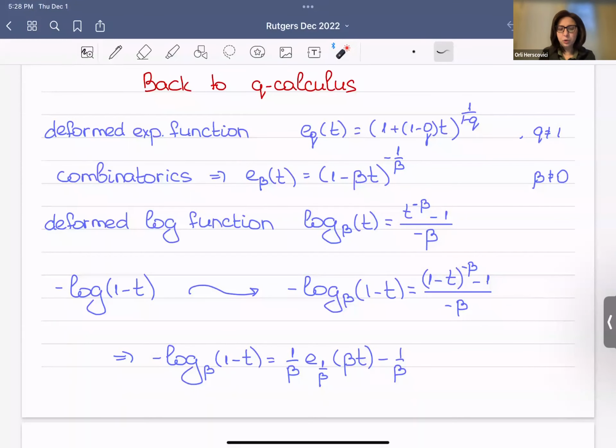For the exponential function, t equals 0 gives us that e beta will be equal to 1. Here, if t equals 0, we will get that such a logarithm will be equal to 0. And we need to take into consideration this difference between 2 functions.